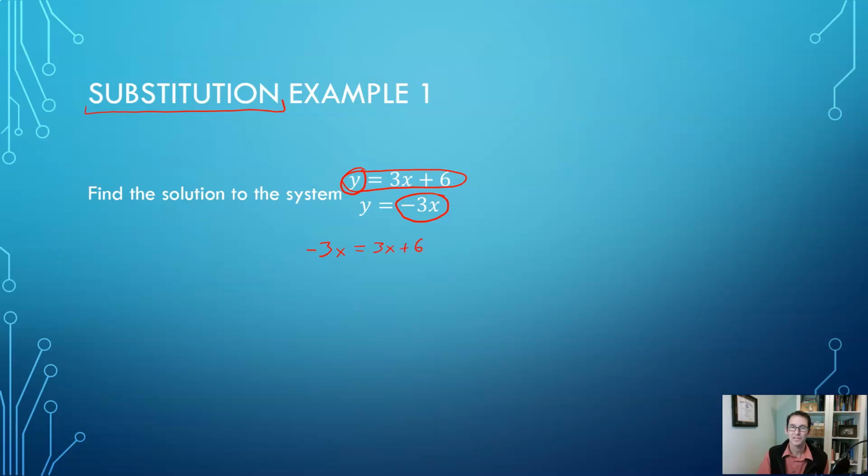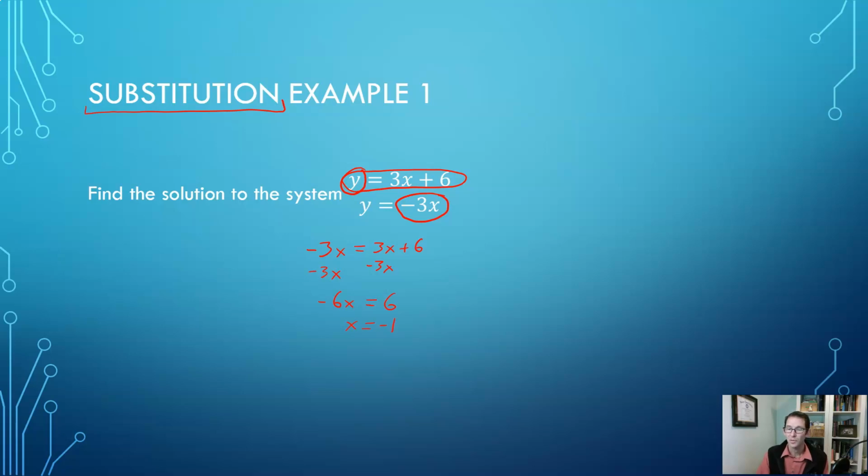And now I'm going to solve for this. So I'll subtract 3x from each side. That gives me negative 6x equals 6, or x equals negative 1.